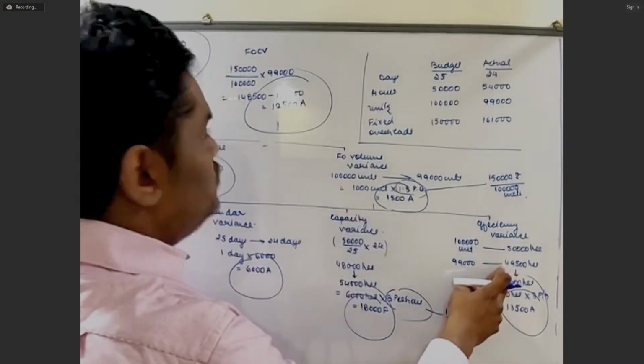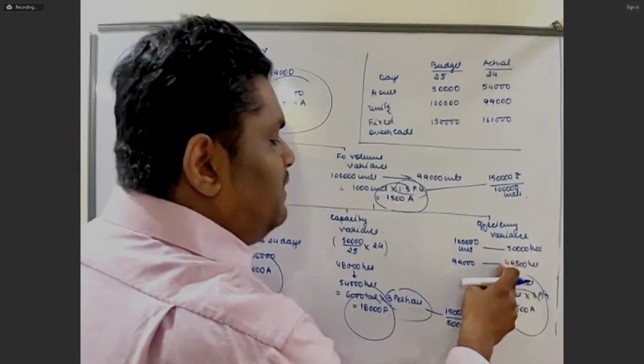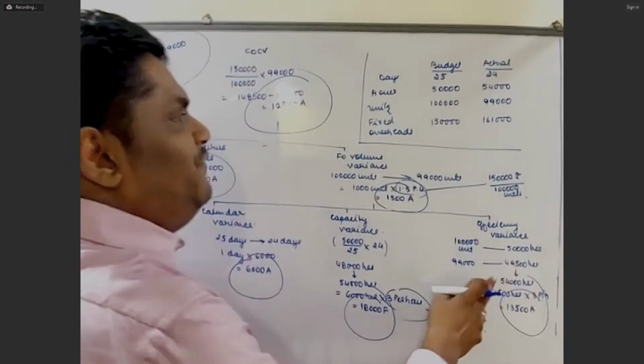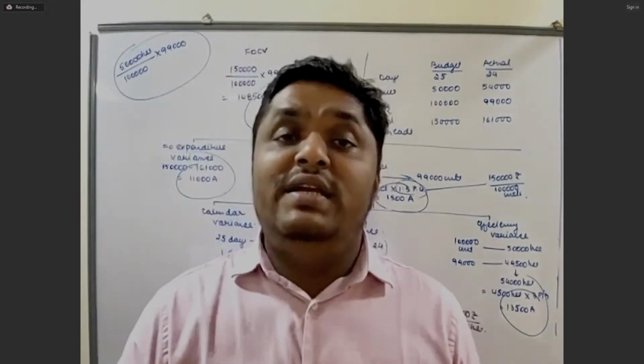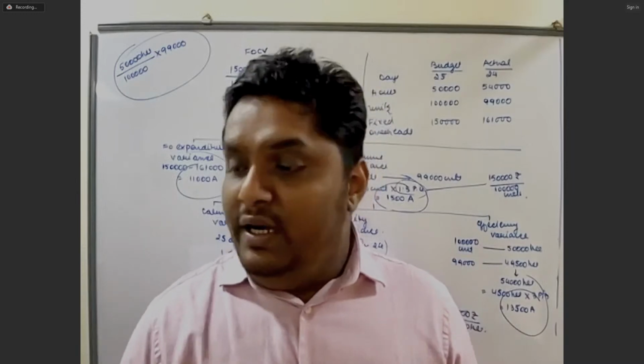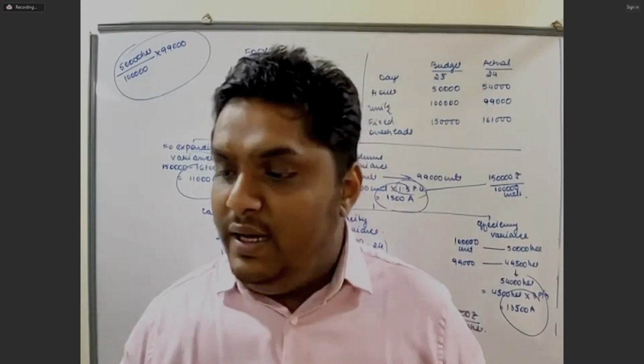The work was supposed to be completed in 49,500 hours. But we actually took 54,000 hours. That is 4,500 hours extra, our inefficiency, into the rate per hour. Very good, Bhumika. Yes, your answers were correct.